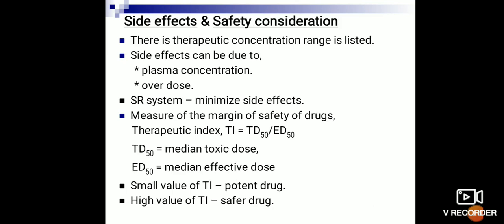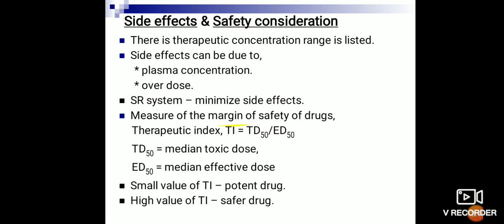The next factor is side effects and safety considerations. There is a therapeutic concentration range listed. The side effect can be due to plasma concentration and overdose. So the therapeutic window and therapeutic index are very important during the manufacturing of a sustained drug delivery system. The sustained release system minimizes the side effects.